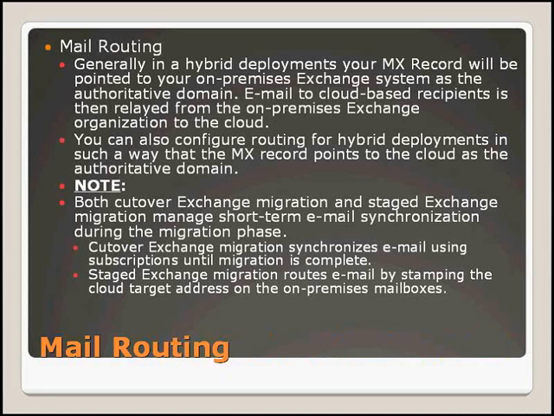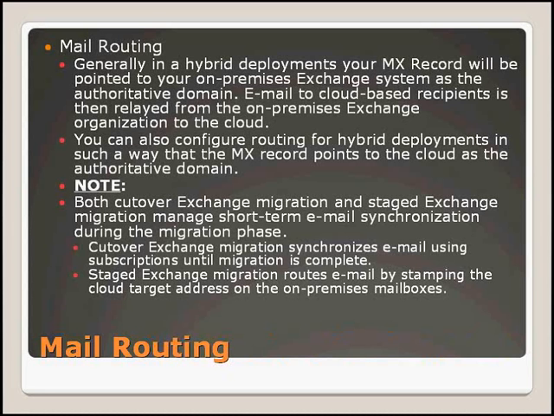That's actually very simple, because whenever you do either a cutover migration or a staged migration, you are still going to synchronize the emails. So how is that going to happen? The cutover migration is going to use subscriptions to synchronize. It's going to still copy the content across the on-premises and Office 365 until the migration is completed.